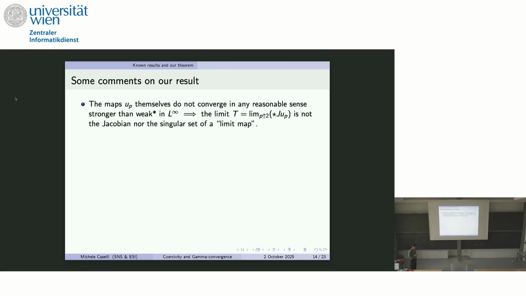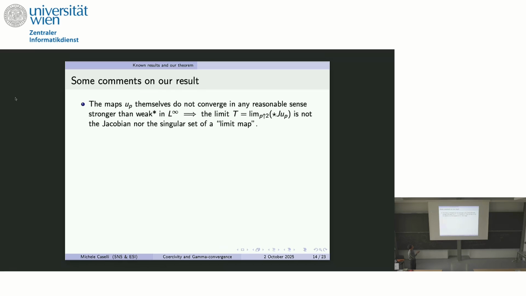First, in general, the maps themselves, u_p, do not converge in any reasonable sense. They have modulus 1, and so they induce a uniformly bounded sequence in L^{1*}, and this gives you something, but it could be a random map or a constant map, so this is meaningless from the point of view of geometry.